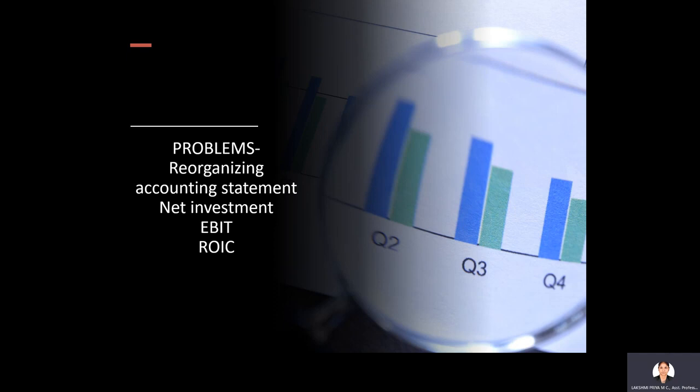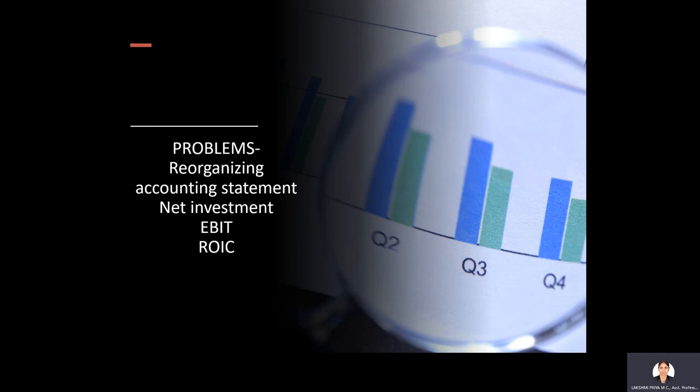Return on invested capital is defined as NOPLAT divided by invested capital multiplied by 100 to arrive at a percentage, and invested capital is usually measured at the beginning of the year or as the average of the beginning and end of the year.